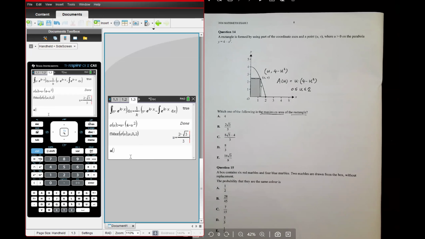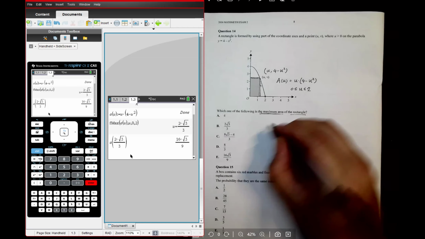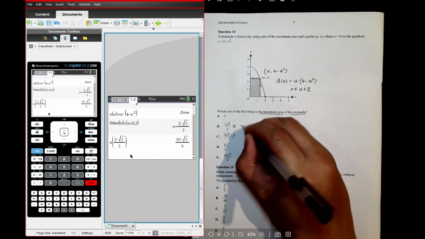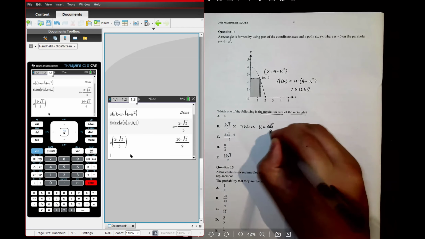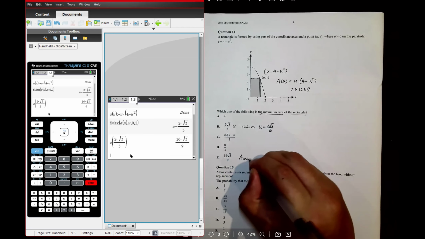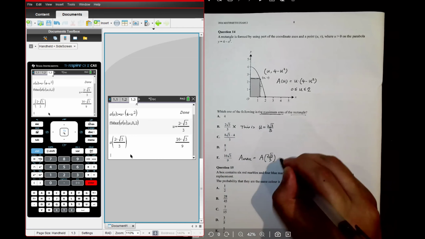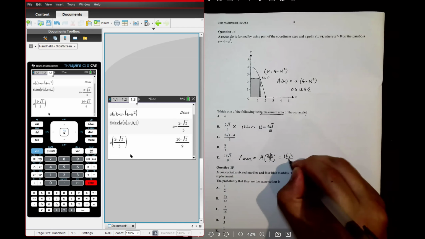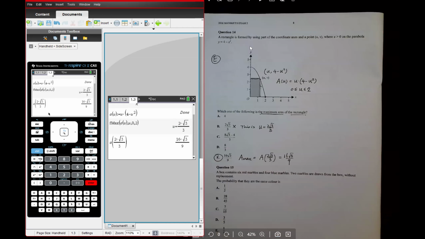Say a of 2 root 3 on 3. So you get 16 root 3 on 9, okay? This is u equals 2 root 3 on 3. And the area max equals area of 2 root 3 on 3. That's 16 root 3 over 9. Option E is the correct answer. Okay?